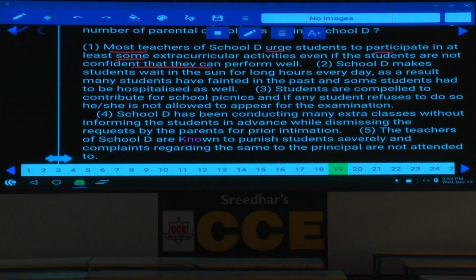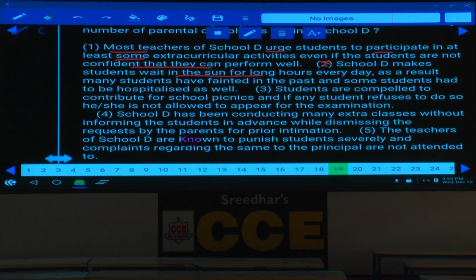Then the next choice: school D makes students wait in the sun for long hours every day. They are making these children stand in the sun, hence it is a disadvantage, isn't it? The children are getting affected by this, hence this is a reason why they are complaining. But as the question is about which cannot be the reason, isn't it?